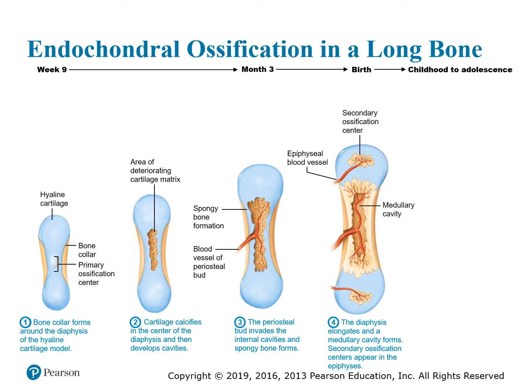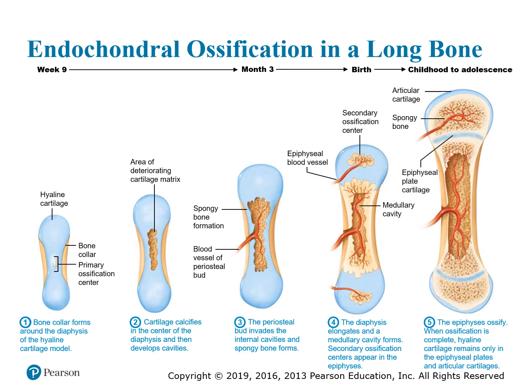In the fourth step, you're going to see the diaphysis elongating. The shaft of the bone elongates, and this internal cavity, which is now called the medullary cavity, begins to form. Also, you're going to see secondary ossification centers appear in the epiphyses or the ends of the bones. These will be invaded by their own blood vessels, and they'll also form spongy bone there.